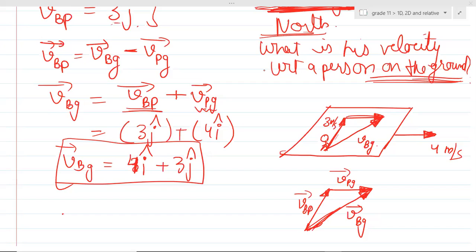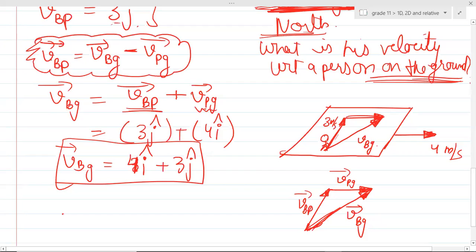Velocity of boy with respect to platform will be velocity of boy with respect to ground minus the velocity of platform with respect to ground. This is how we dealt with relative velocity. Velocity of boy with respect to ground was not known to you, so you transferred this to the right hand side and you got this.